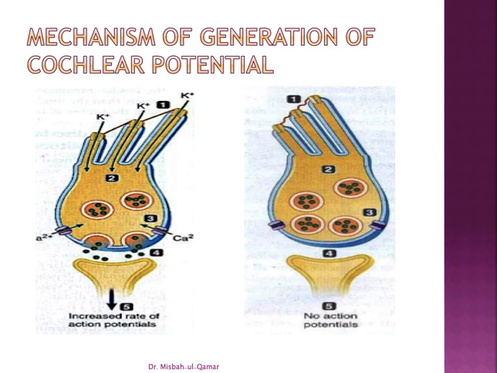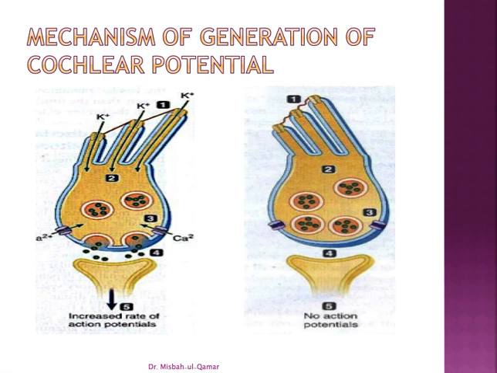So this greater release, the more neurotransmitter, leads to a higher rate of the action potential. So it means that in resting condition also there is a release of the neurotransmitter and there is generation of the action potentials, but there is a low rate of the action potentials. On depolarization, the rate of the action potential is increased.